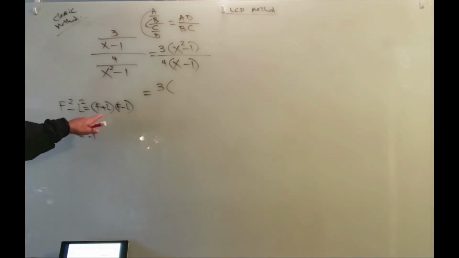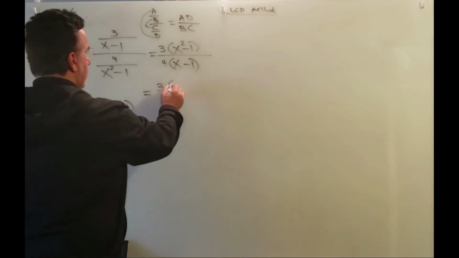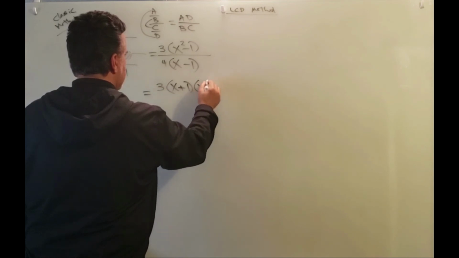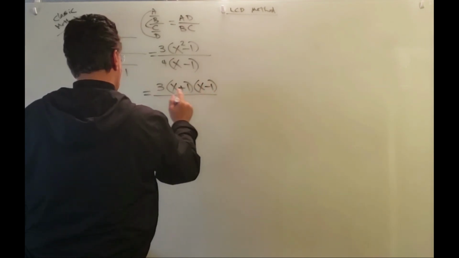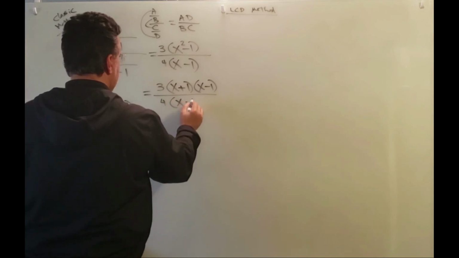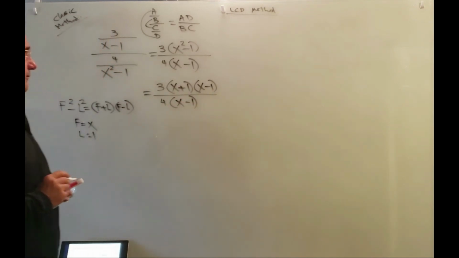So applying this formula with this F and this L, we end up with what? X plus 1 times x minus 1 over 4 times x minus 1.